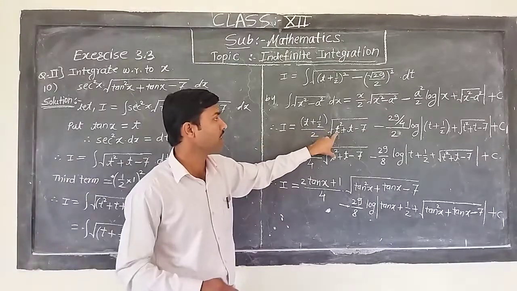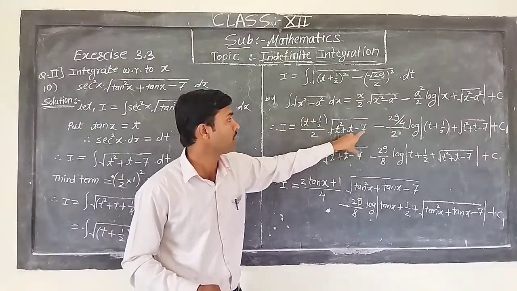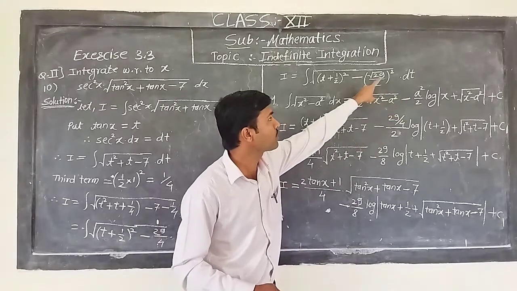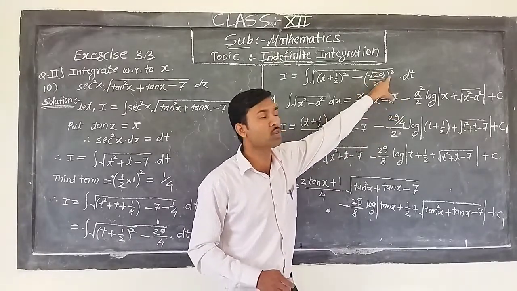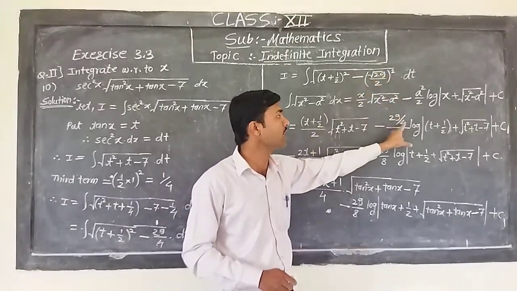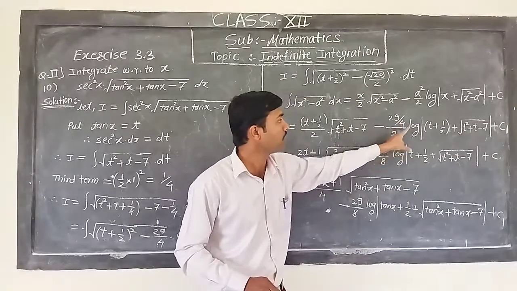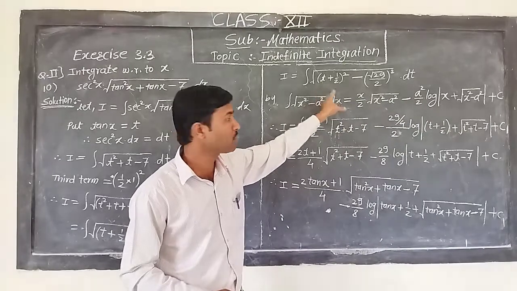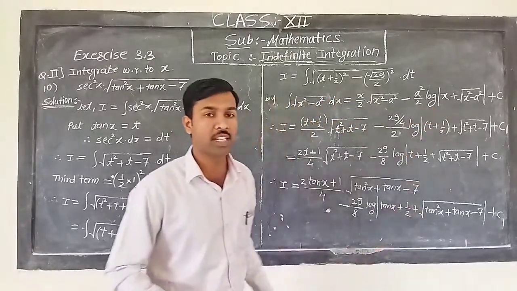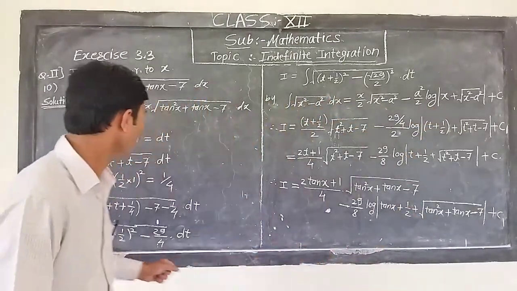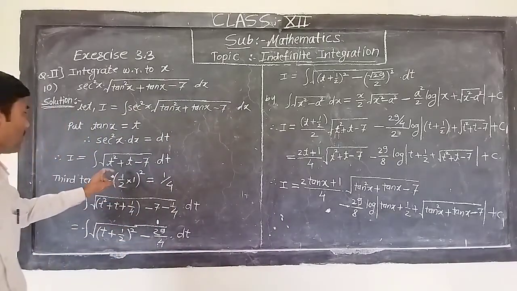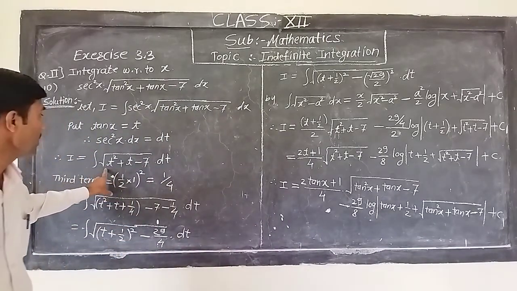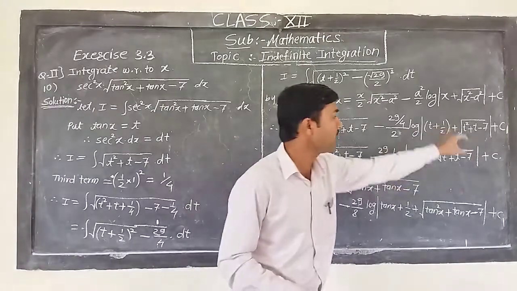So I write here t square plus t minus 7 minus a square. A square is under root of 29 upon 2 whole bracket square, so that it is 29 upon 4 upon 2 into log of mod of x. X is t plus 1 by 2 plus root of x square minus a square. Therefore, root of x square minus a square is under root of t square plus t minus 7, plus the integration constant c.